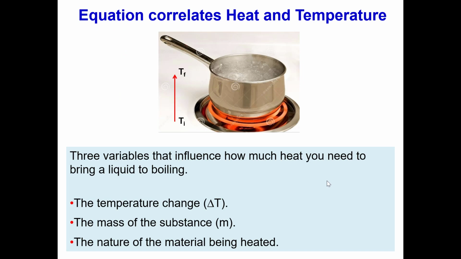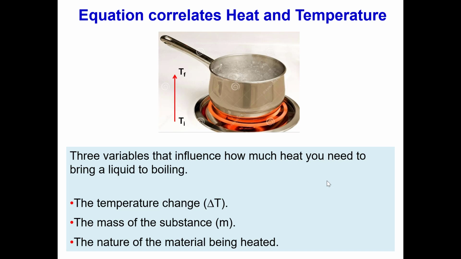Now let's correlate these two quantities, heat and temperature. There are three variables that influence how much heat you need to bring a liquid, in this case water, to boiling. The first is the temperature change.